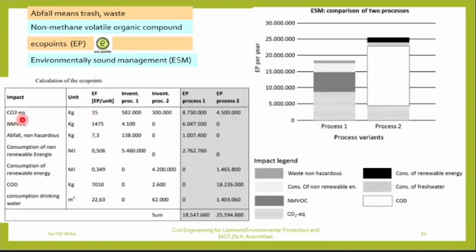They will check CO2, NMVOC. What do you mean by that? Non-methane volatile organic compounds. They check all the parameters in an organization. They give ecological points to that company. If they are consuming less CO2 or on the CO2 parameter, they cumulatively add and get this kind of point. And after getting those points, they can redeem them through the organizations.